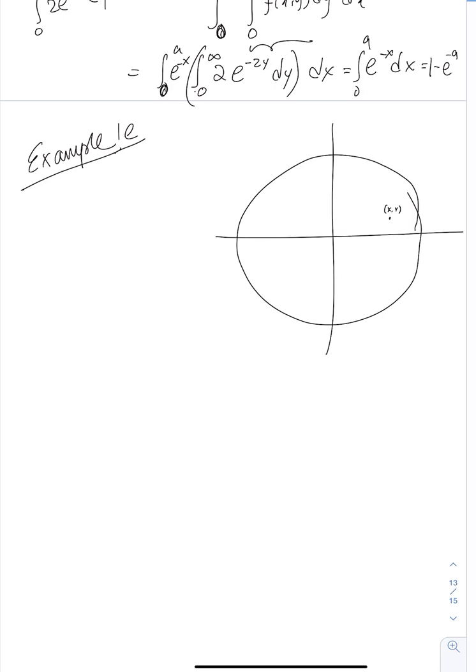Then since (x, y) is equally likely to be near each point in the circle, it follows that the joint density function, because it is uniform on the circle, will be some constant c in the circle, and 0 otherwise.